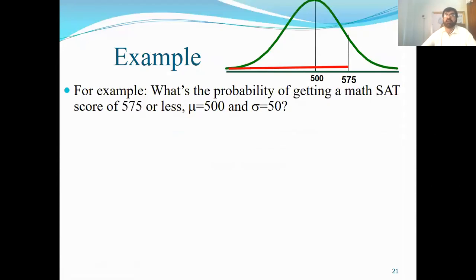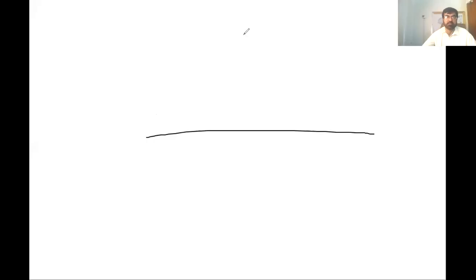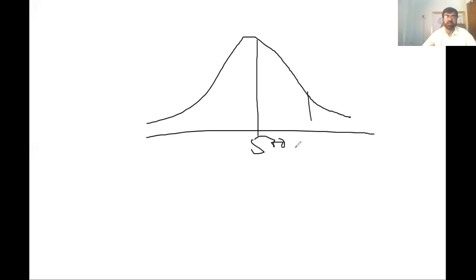What is the probability of getting a math SAT score of 575 or less? Mu is 500 and sigma is 50. 575 or less means those people who score 575 and below. If the mean is 500 and a person is standing over here with 575, what is the probability of getting the score 575 or less?